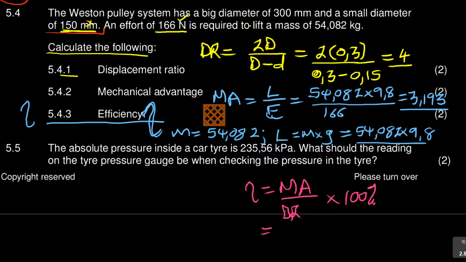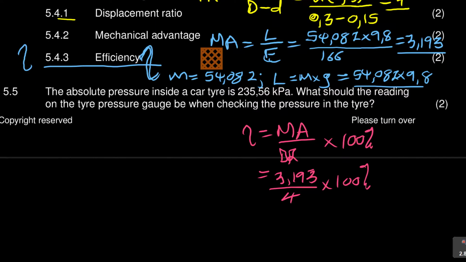So what is MA? It is 3,193 over 4, that is our DR, times 100, and then it's a percentage. Okay, that's what they wanted there, which is your efficiency.